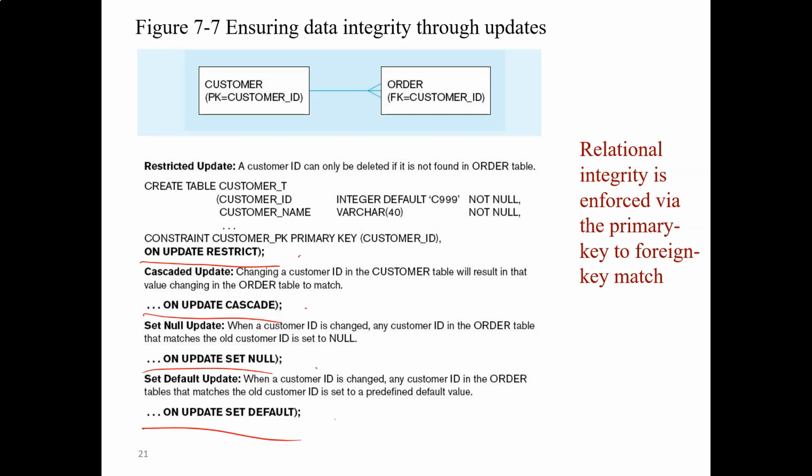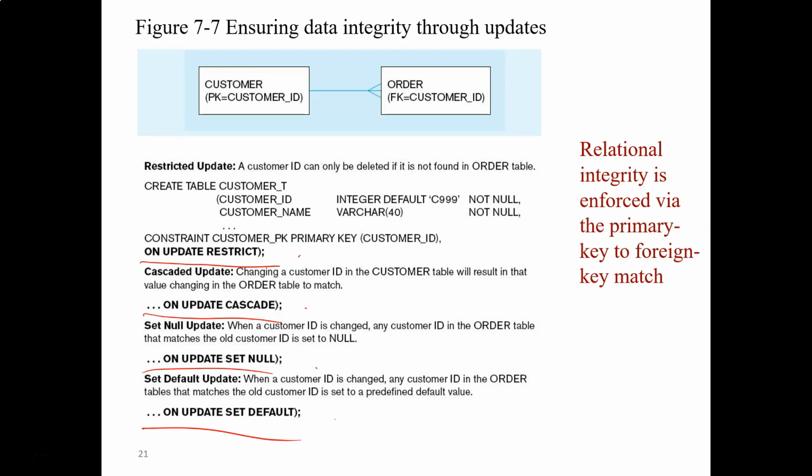For example, if you choose to delete a record in the customer table, the database management system will first check to see if any related records exist in the foreign key table. If the related record exists, then the database management system is going to restrict you from deleting the record in the primary key table.